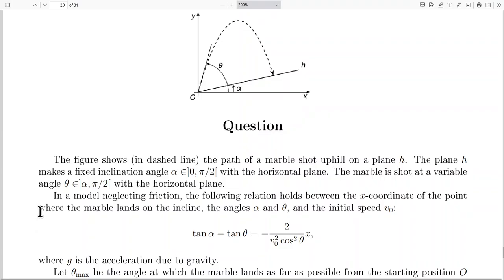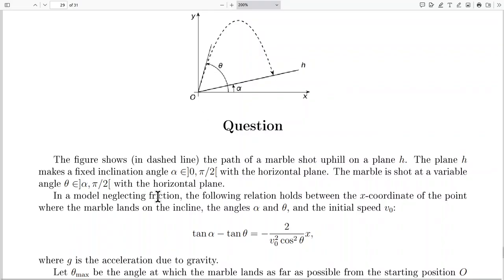Okay, so the question is: the figure shows in dashed line the path of a marble shot uphill on a plane H. That makes a fixed inclination angle alpha with the horizontal plane, and the marble is shot at a variable angle theta with the horizontal plane.